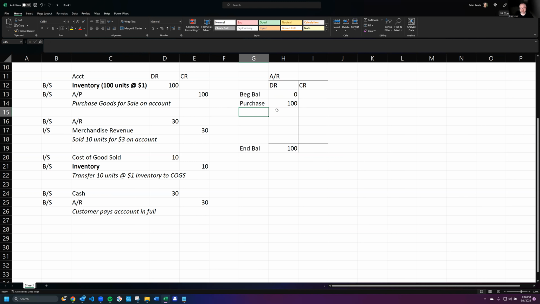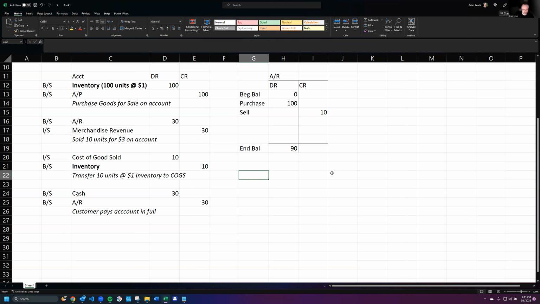I haven't sold anything yet, so my ending balance is 100. But when I sell something down here, cost of goods sold, I'm going to sell 10 units. So my beginning balance is 0 plus 100 minus 10 equals 90.